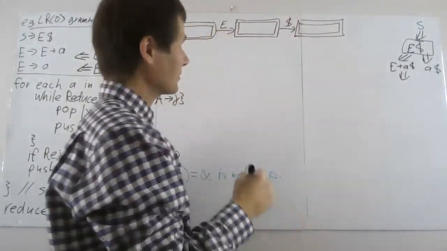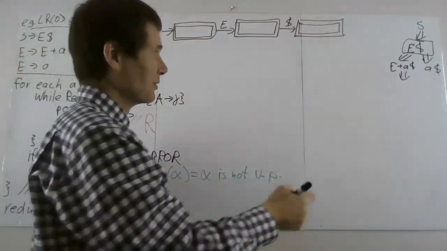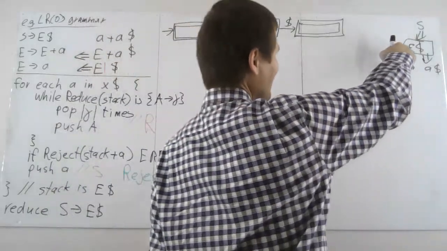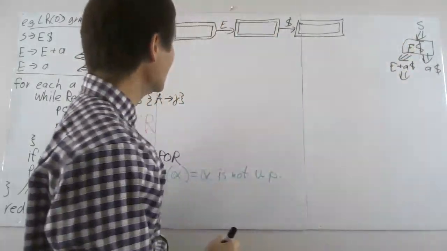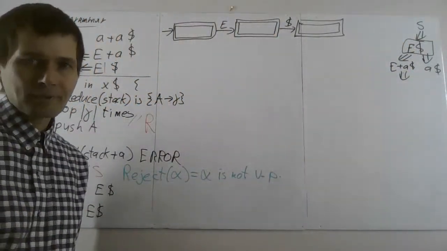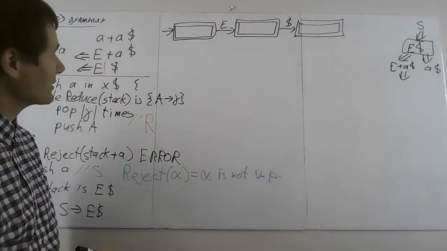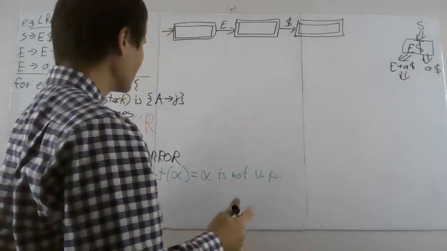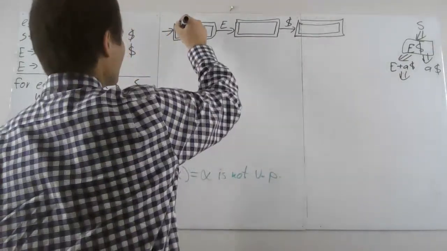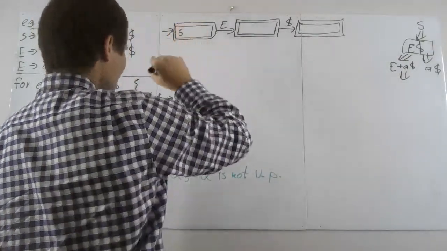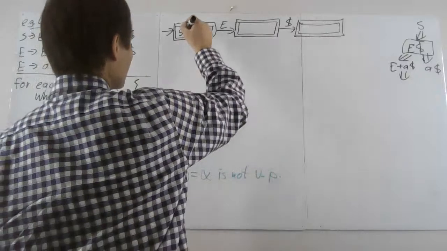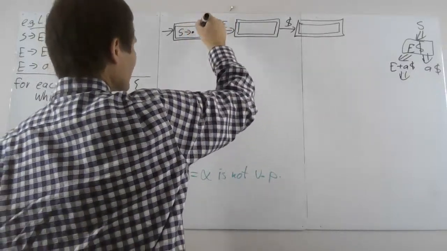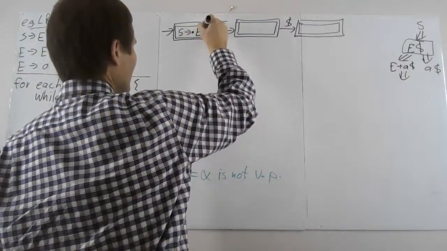So far I can accept the empty string, E, and E $, the viable prefixes of this particular sentential form. And as I'm drawing this, I'm going to label the states. A way to label them that will become convenient is to use the production rules with a dot on their right-hand side.